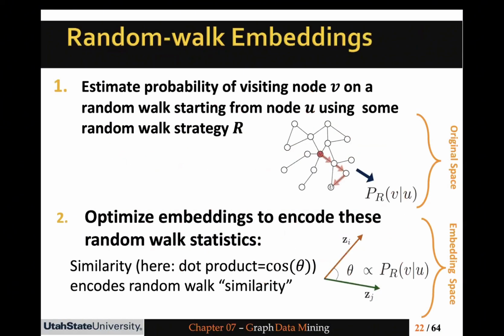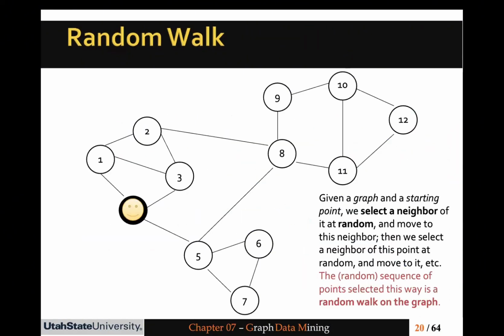If in all the 100 walks that I performed starting from node 4, I never encountered node 12, then I do not even need to store the pairwise similarity between node 4 and node 12, because it's irrelevant.